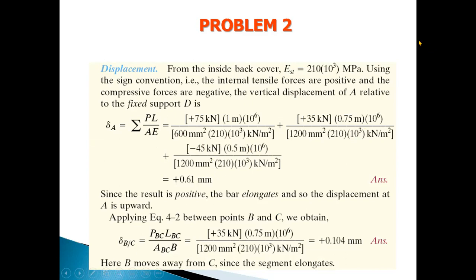This is the deflection at point A. The positive sign represents that the bar elongates, or displaces in the upward direction. The deformation at point B with respect to C is the force at BC, length of BC, area of BC multiplied by modulus of elasticity E. We put the values and get the answer. Here B moves away from C since the segment elongates, because it is a positive sign.